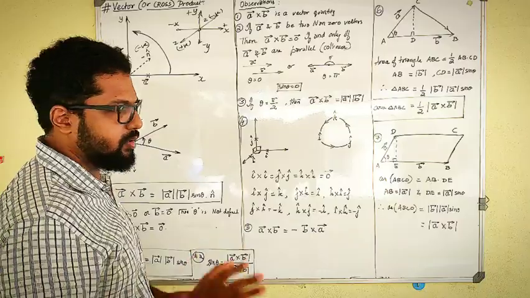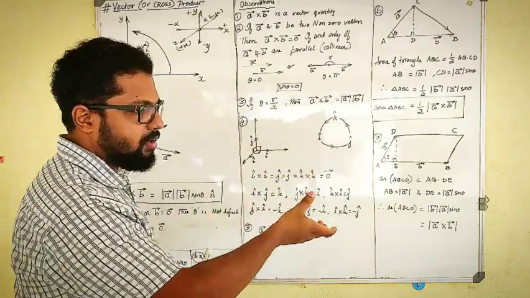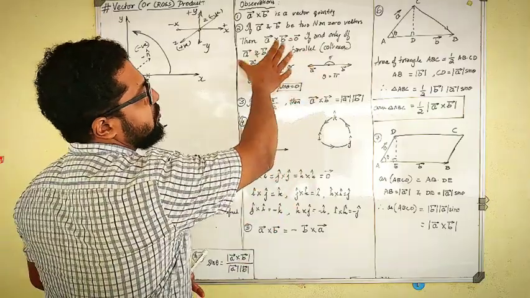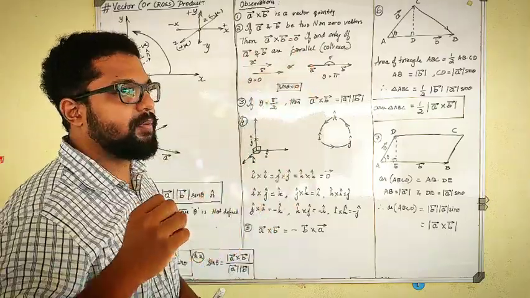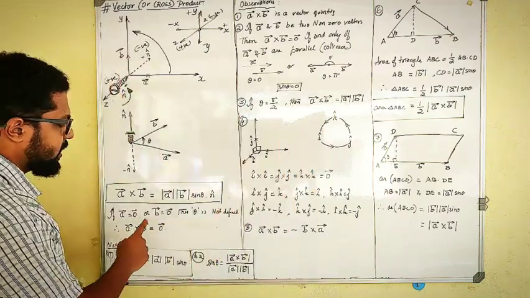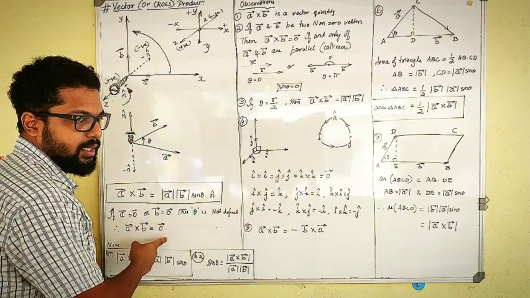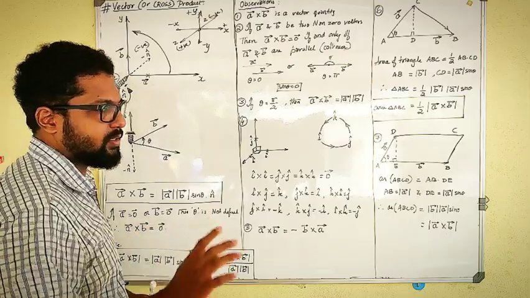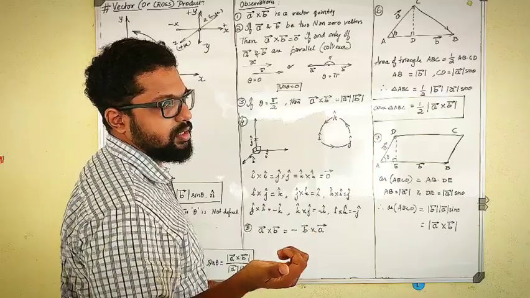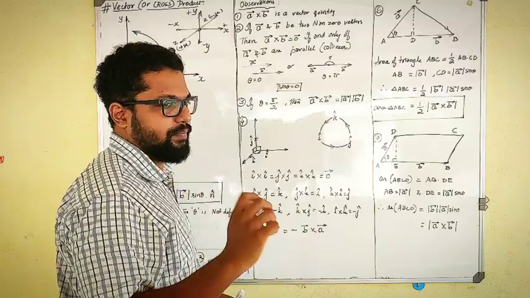Clear? Rewind this video once again and watch it again, so that you will understand what I am trying to tell here. So what are the possibilities of getting the cross product as 0? There are three possibilities. First, either of the two vectors is a zero vector. Or the two vectors are parallel to each other, which means the angle between them is 0.